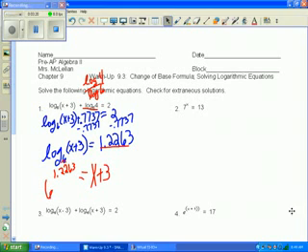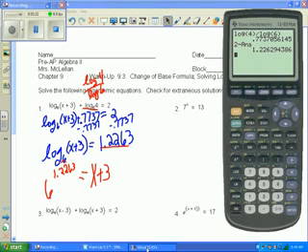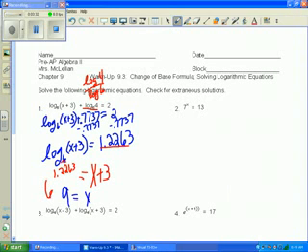Okay, so what is that? 6 to the 1.2263 power. Oh, it's 9. That's nice. Okay, so 9 equals x plus 3. And then now what? Subtract 3. So therefore, x is 6.